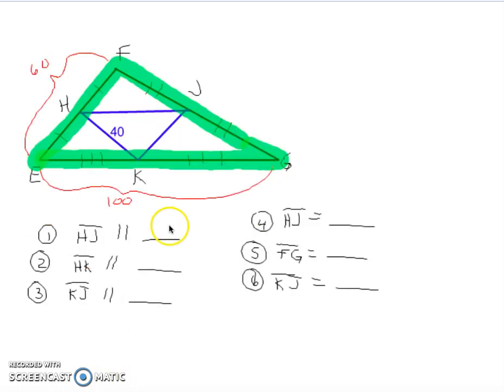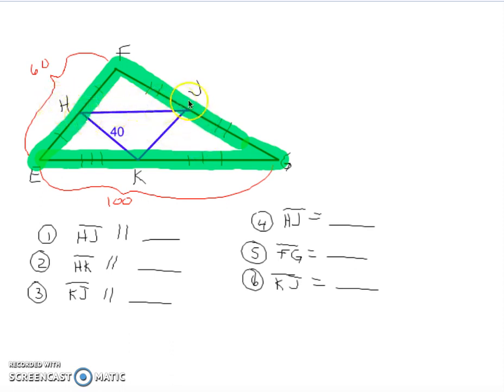Then, of course, you're going to get more difficult problems where you have triangles inside of triangles. So you need to keep in mind that sometimes there may be more than one midsegment in the picture, and that is the case here. Here we are talking about HJ.